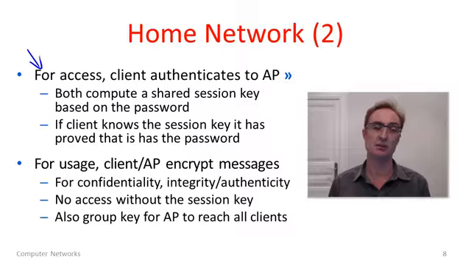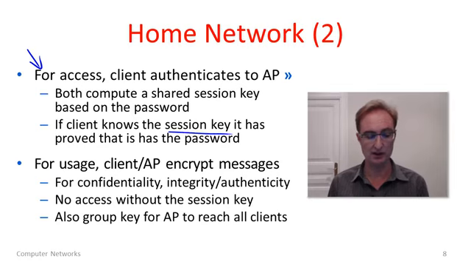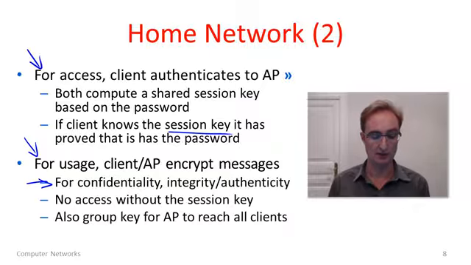And all of this is done in a way such that the client doesn't simply tell the network its password, in case it's really talking to the wrong party, because the client doesn't trust the AP at the beginning of this exchange either. So they're both authenticating one another. Once we've done that and we have the session key, really everything is set because we can then use the network with the client and the AP encrypting the messages using their shared session key. And this will provide all of the usual properties we want. Moreover, no access is provided to people who don't have this shared session key.